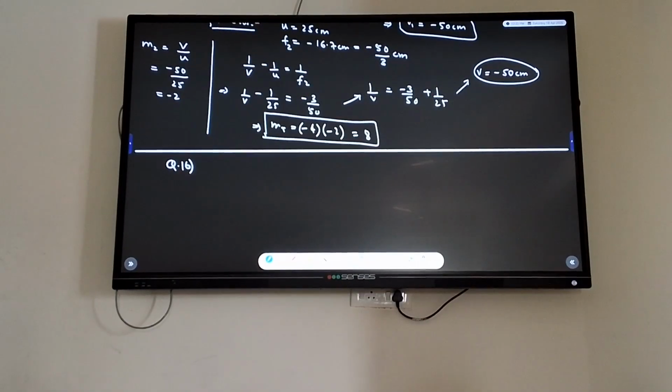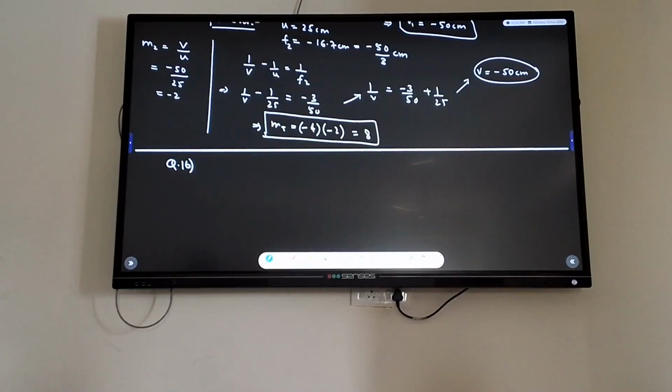And in the 17th question, it would be much better if you make a schematic diagram. Everything will be much simpler then. I'm not talking about a ray diagram, just a diagram of the structure and everything.